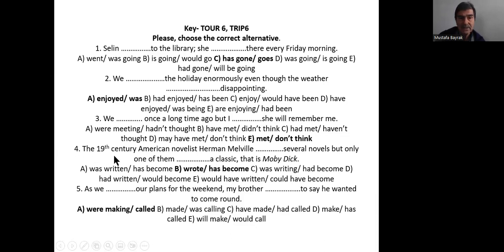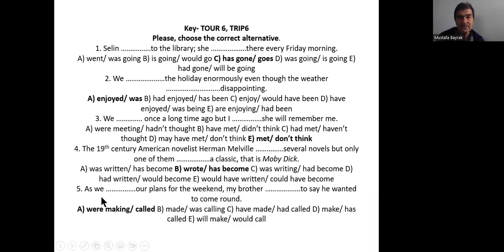For the 19th century, American novelist Herman Melville blank several novels, but only one of them blank a classic, that is Moby Dick. So he wrote several novels, but only one of them has become, yes, a classic so far.